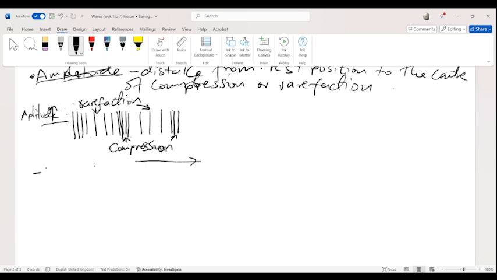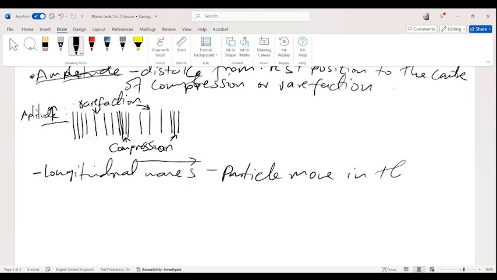What we know is that with longitudinal waves, particles move in the same direction as the wave, unlike with transverse waves, because with transverse waves, particles move 90 degrees. I've already explained.